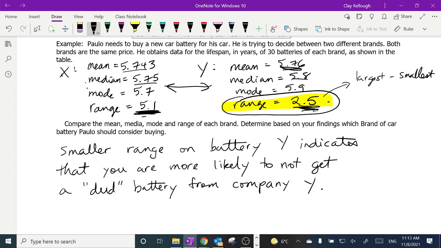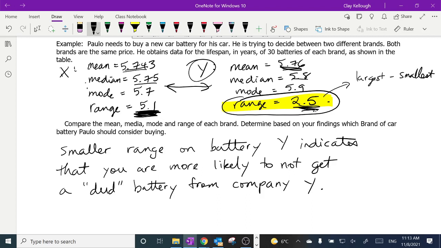Whereas over here, the fact that the range is bigger means that at least one of the data points was quite a bit below the mean. And then I don't really want to be the guy stuck with that battery. I'm not very likely to get that lower than usual by a lot battery if I stick to brand Y. So mean, median, and mode didn't really tell the story on this one. The range was the better one.